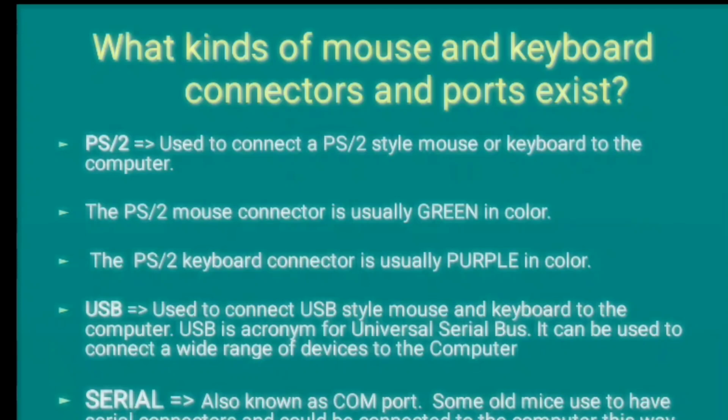USB is used to connect a USB style mouse and keyboard to the computer. USB is an abbreviation of universal serial bus. It can be used to connect a wide range of devices to the computer.